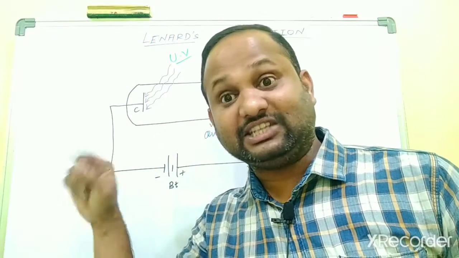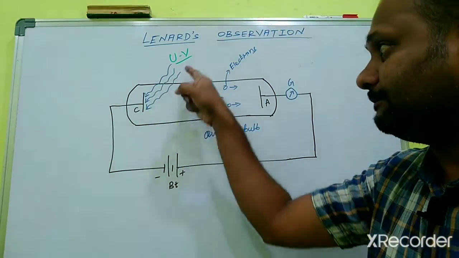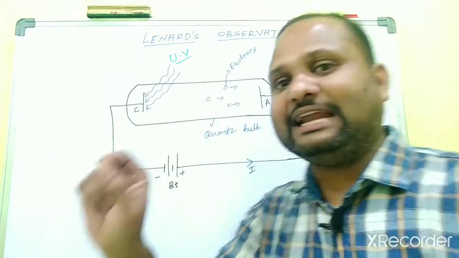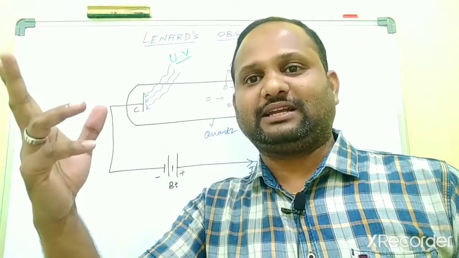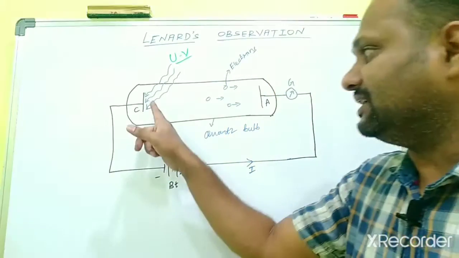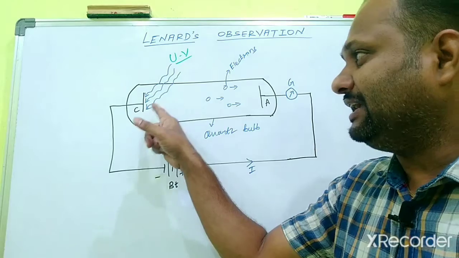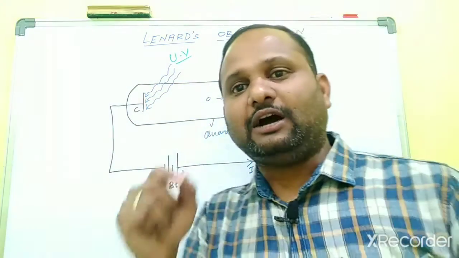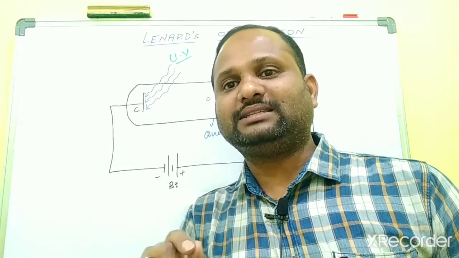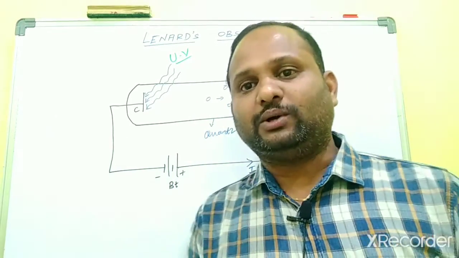The ejection of electrons due to the irradiation of any electromagnetic wave, not only the UV wave. The ejection of electrons due to the irradiation of any electromagnetic waves of suitable wavelength or frequency is known as photoelectric emission.